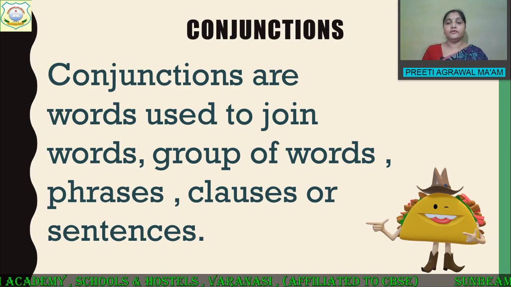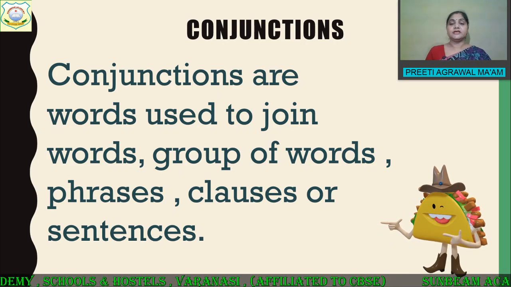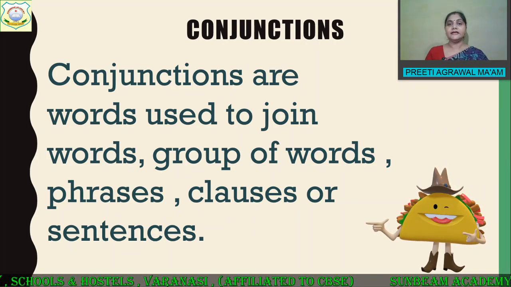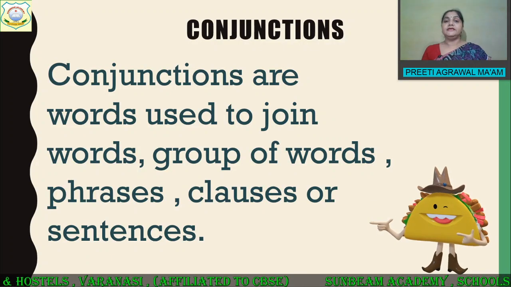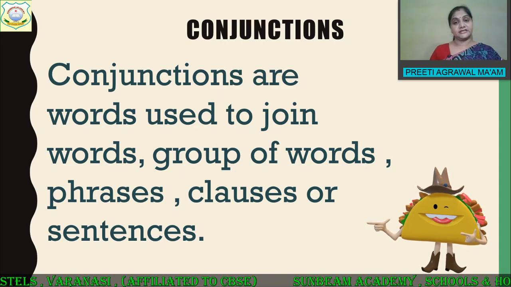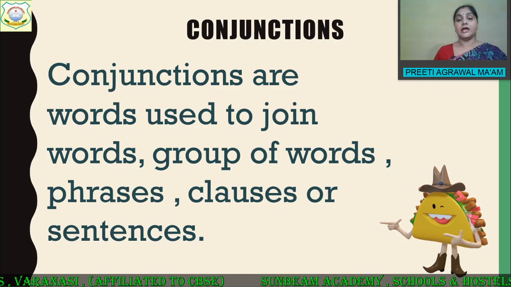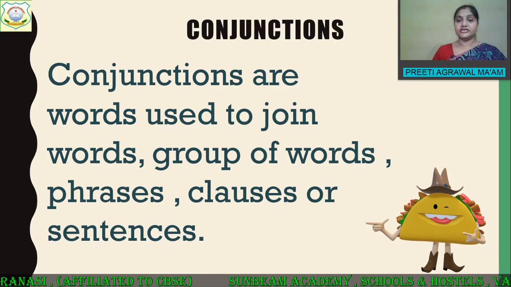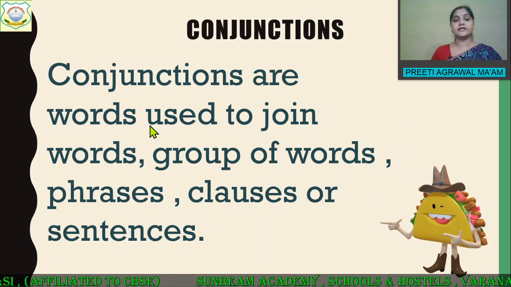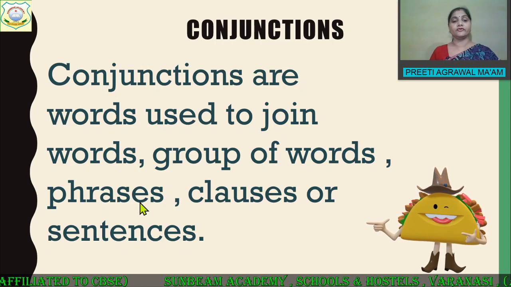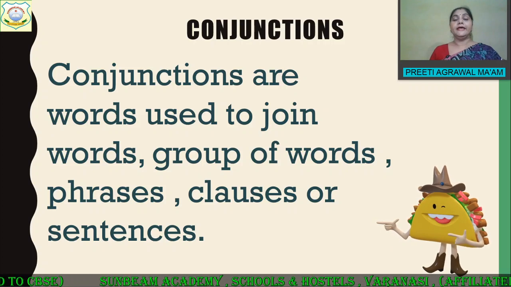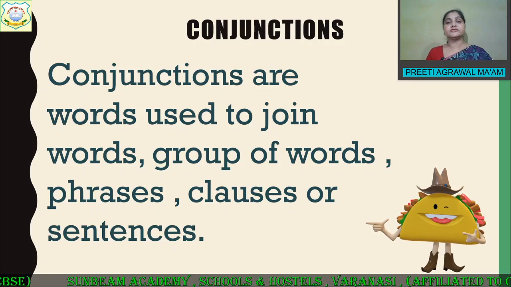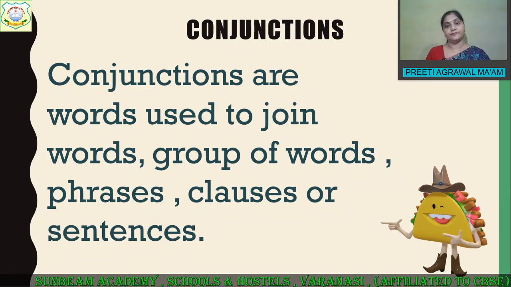I want to tell you that there is a slight difference between conjunctions and sentence linkers. Sentence linkers can join only the sentences. But conjunctions can join not only the sentences but phrases, clauses, words and group of words also. Although in sentence linkers we use the conjunctions also.